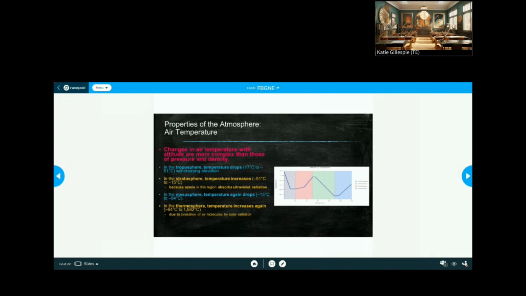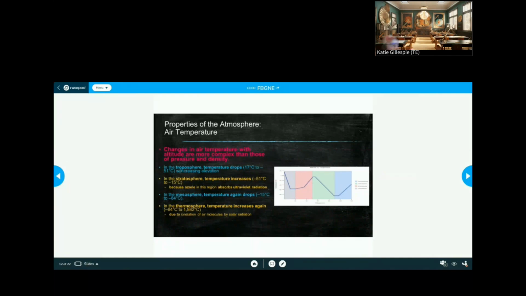But then we have this crazy phenomenon here in the stratosphere. In the stratosphere, temperature actually increases, and we call this a heat inversion. All right, so we have this colder mass that's being trapped by this warmer layer on top. Why is that? Because in this layer, we have what's called the ozone.